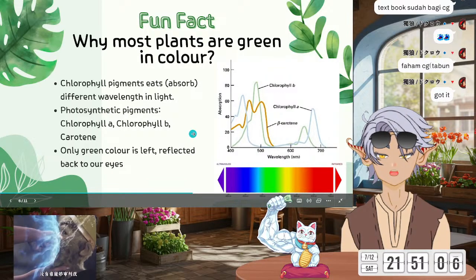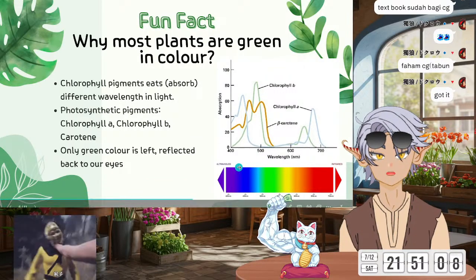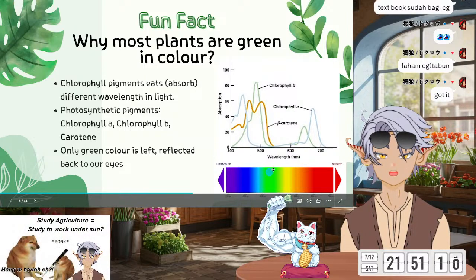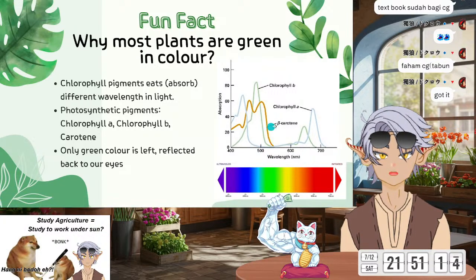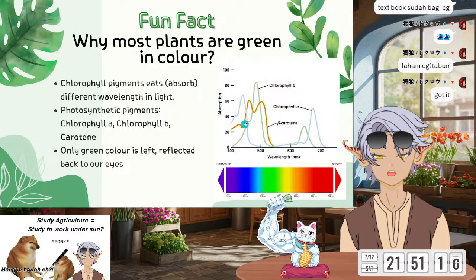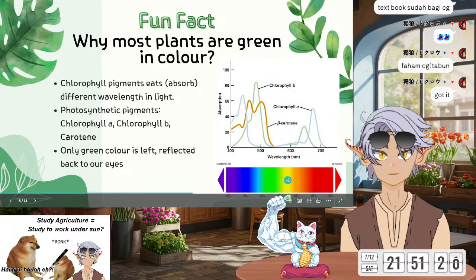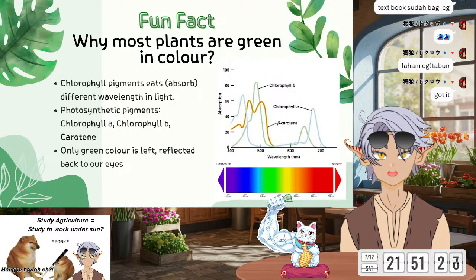What does it mean? This wavelength is gone, no more. Beta carotene already absorbed it. So what is left? Yellow, orange and red are left. Beta carotene does not absorb them.